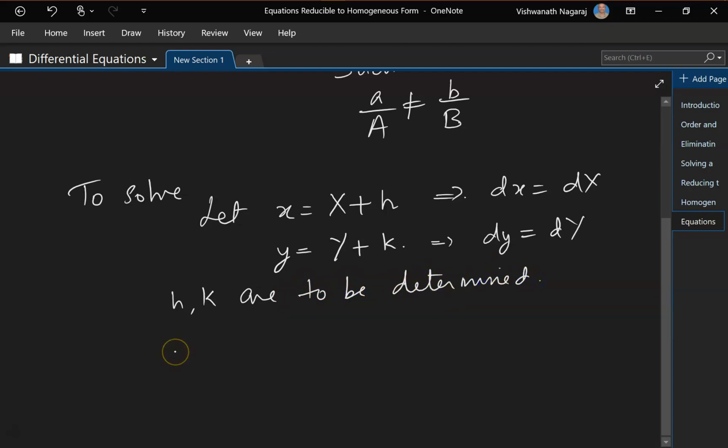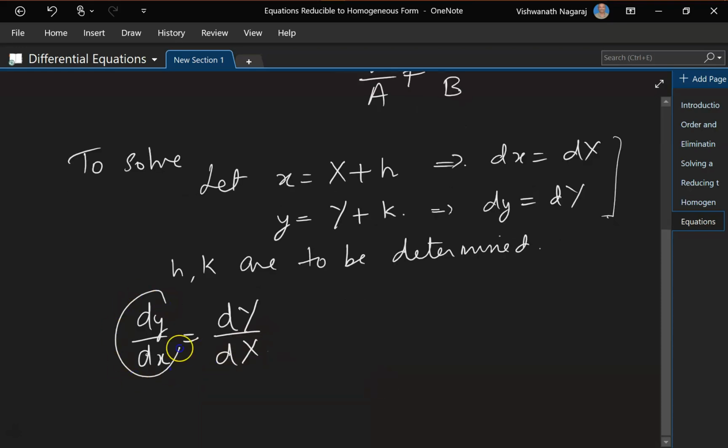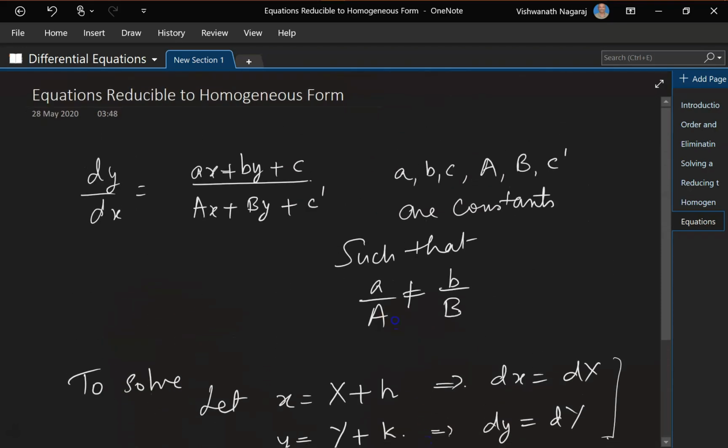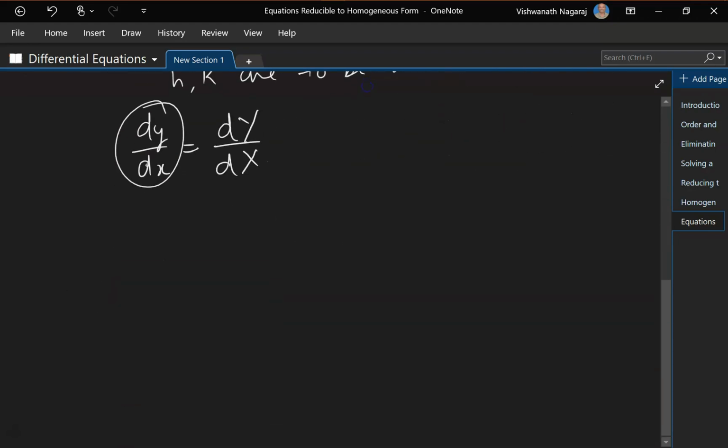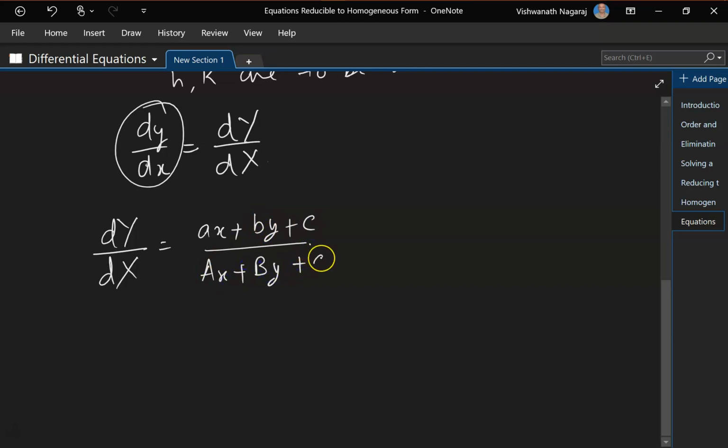So now let's use this and say that dY by dX is equal to dy by dx. Now here we have dy by dx and here we have dY by dX. So let's combine these two. So we get dY by dX is equal to (ax + by + c) / (Ax + By + C').